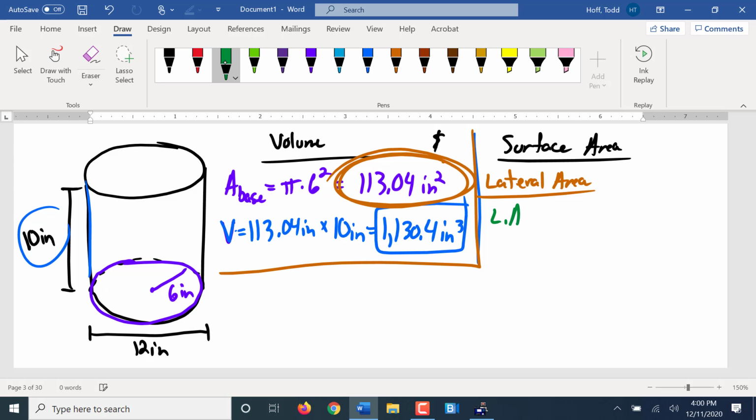Remember, lateral area is the perimeter of the base times height. So how do we find the perimeter of the base? Yeah, it's the circumference. So it's just going to be pi times diameter. Pi times 12, which is 37.68 inches. What do we do with that then?